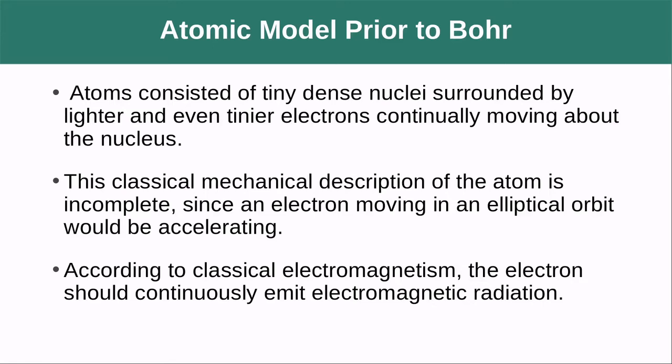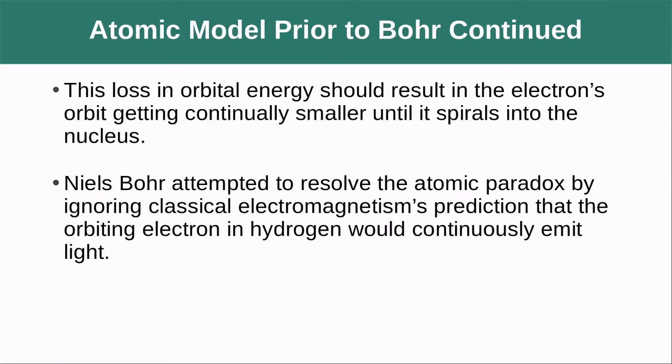If it's emitting radiation, then it's losing energy. If it's losing energy, then the orbit should get smaller and smaller until eventually it hits the nucleus, much like a satellite that slowly comes closer and closer to the Earth until it doesn't have a stable orbit anymore and comes into our atmosphere and hits the planet, right?